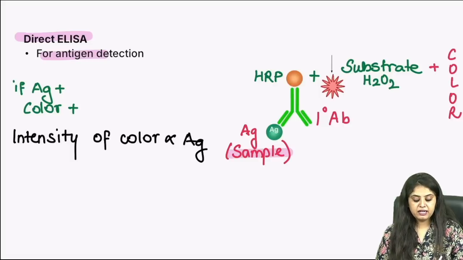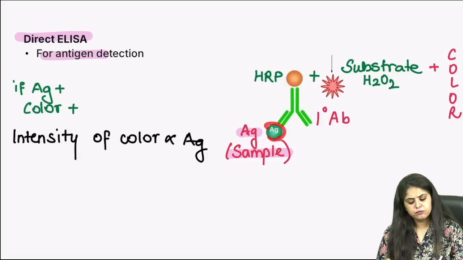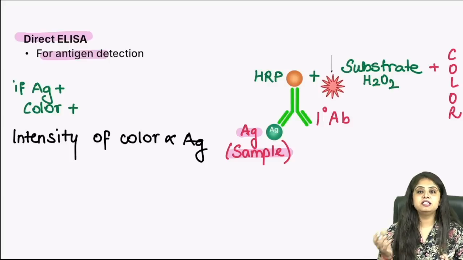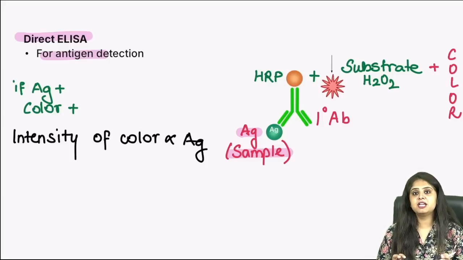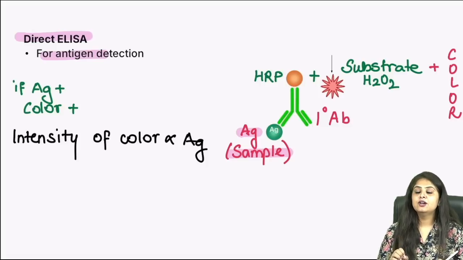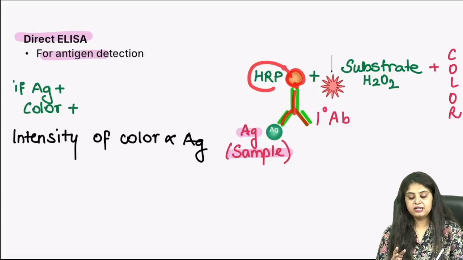So what sample will I take from the patient? The sample, whatever blood sample or whatever has been taken, that should have the antigen. Let's assume for the time being my patient has the antigen. So this is the sample that I've added. So the patient has done his part, and now everything else I have to do. If the patient has given me an antigen sample, I have to add an antibody. This antibody is going to be linked with an enzyme.